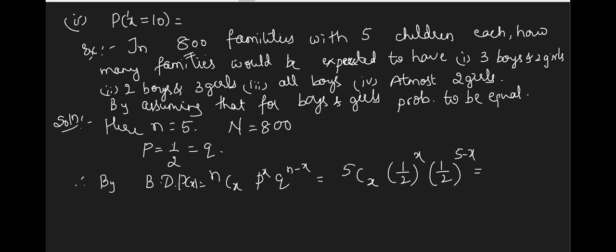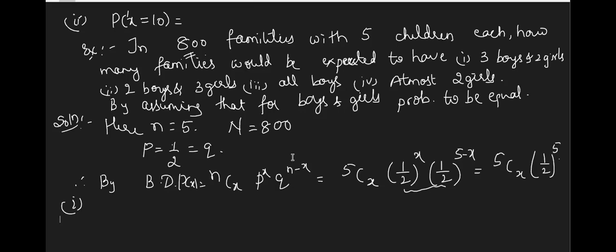For such problems, we have simplified, no? Do you remember? A raised to M into A raised to N. Tell me ultimately what you will get if you simplify these two. 1 by 2 whole raised to 5. Yes. So here only this X will change. Let us take the first condition. What they've asked? They've asked for 3 boys and 2 girls.